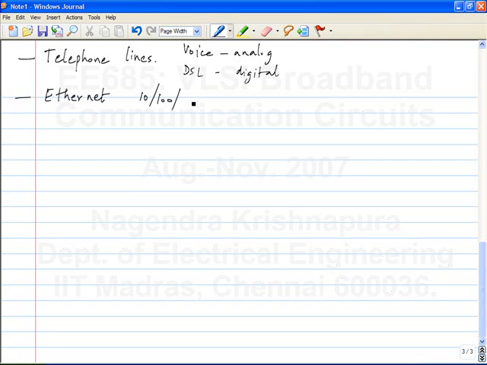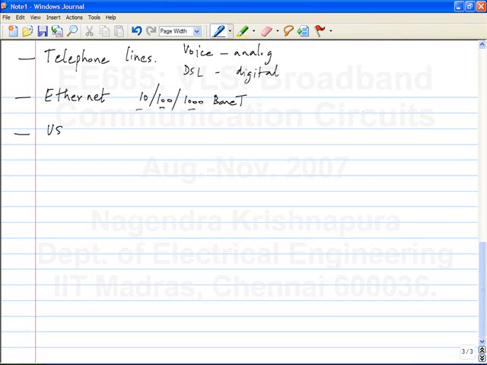So you see things like 10, 100 and 1000 base T. It refers to whether the data is being transmitted at 10 megabits per second, 100 megabits per second or 1000 megabits per second. And people are currently working on making Ethernet modules for 10,000 megabits per second or 10 gigabits per second, okay, over almost the same kind of cable.